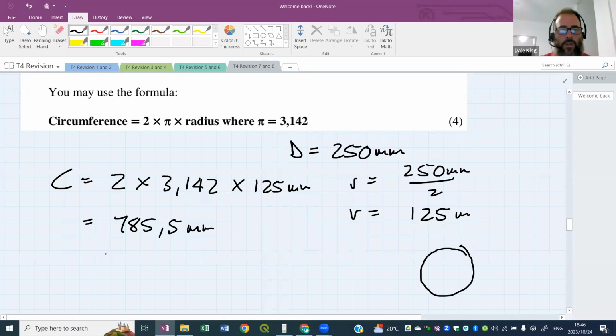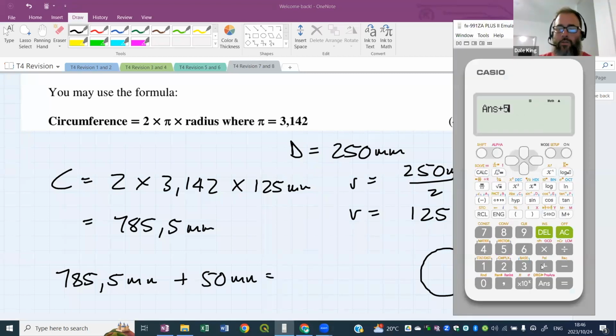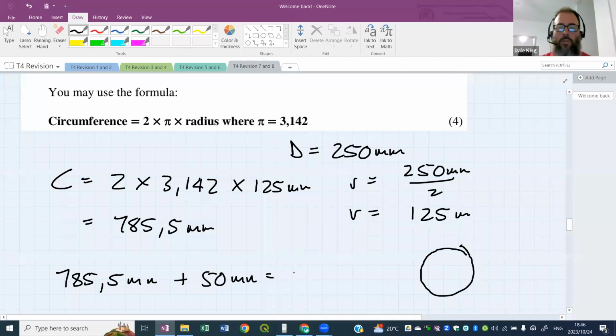So the circumference is 785.5 all the way around the circle, but we also need to add on the 50 millimeter overlap. So I'm going to just say plus 50, and that gives us 835.5 millimeters.